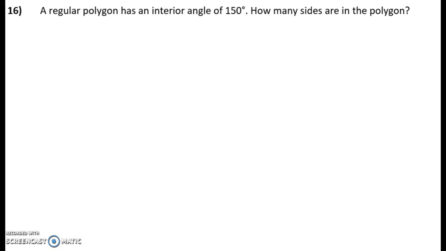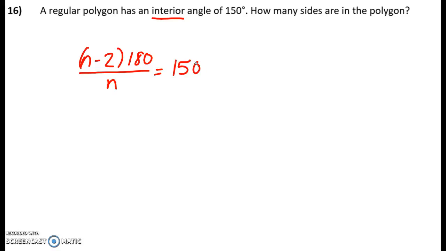16. Here it says a regular polygon has an interior angle of 150 degrees. How many sides are in the polygon? So again, since they give us the interior angle, we can use the formula n minus 2 times 180 all over n to give us any interior angle.